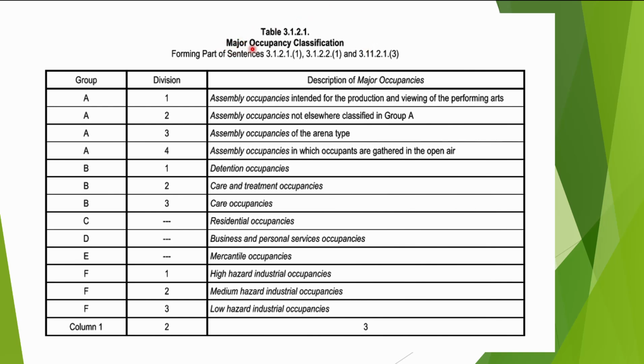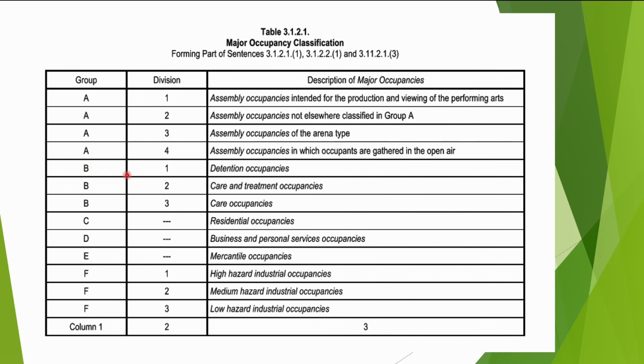Each major occupancy is divided into different groups, and if you can see, these groups are Group A, B, C, D, E, and F. Under each group, there are divisions, so Division 1, 2, 3, 4.